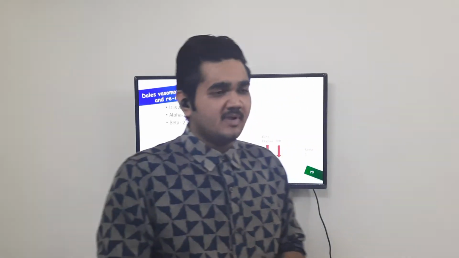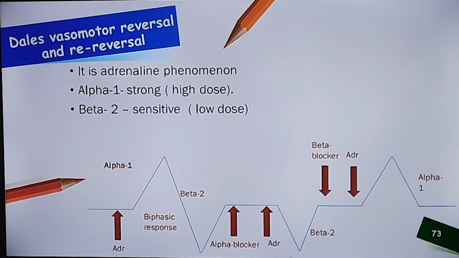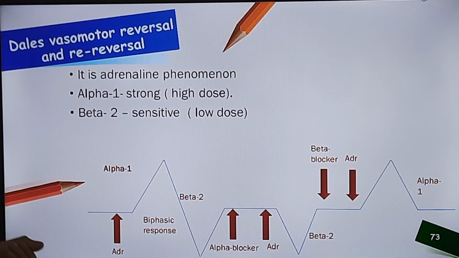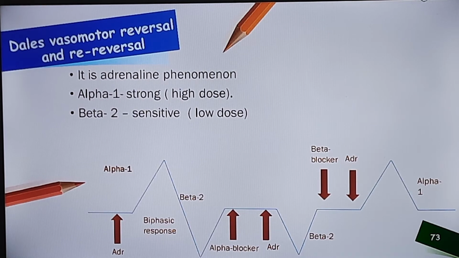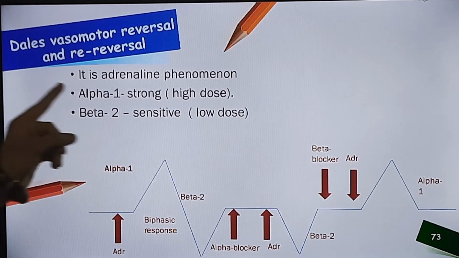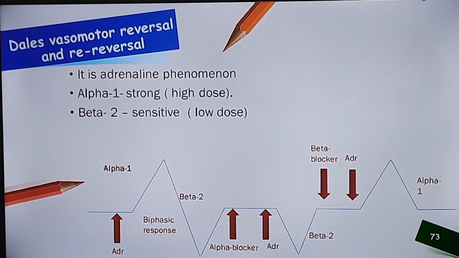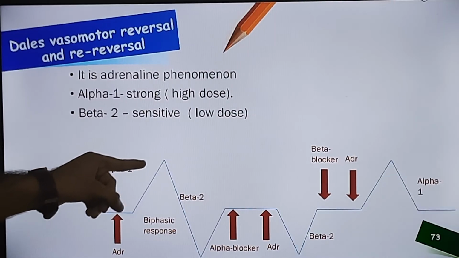So let's talk about some basic concepts regarding Dale's vasomotor reversal. When we give adrenaline in a high dose, adrenaline has the capability to stimulate our alpha-1 adrenergic receptor. And when we stimulate the alpha-1 adrenergic receptor, it increases our blood pressure.